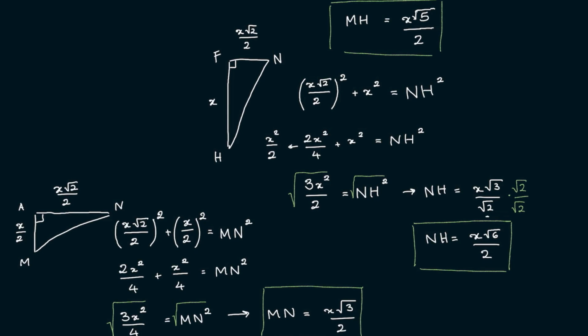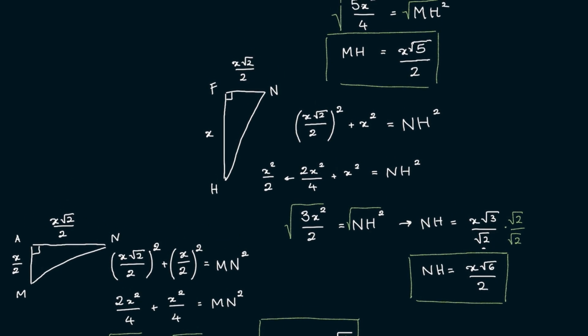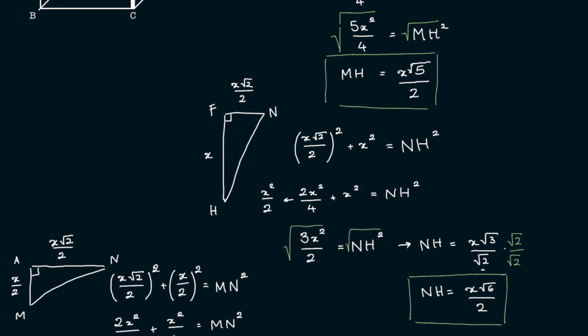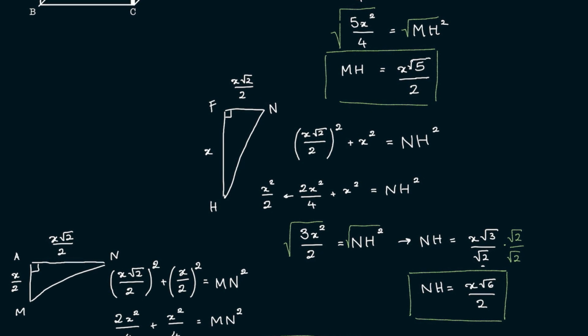Alright. Now, we have the side lengths of the triangle. And now we're ready to plug them into Heron's formula.